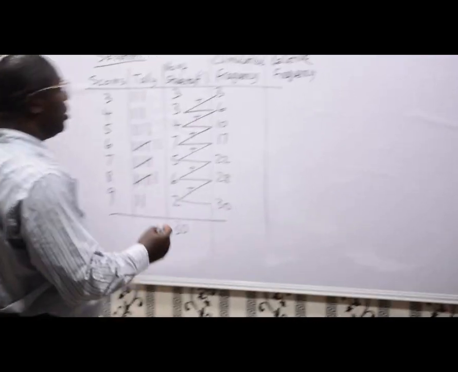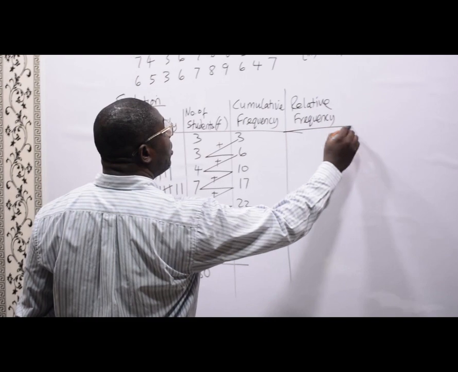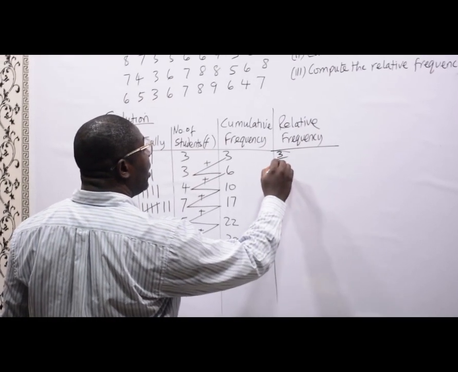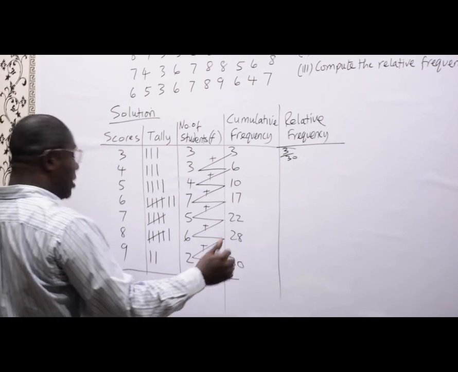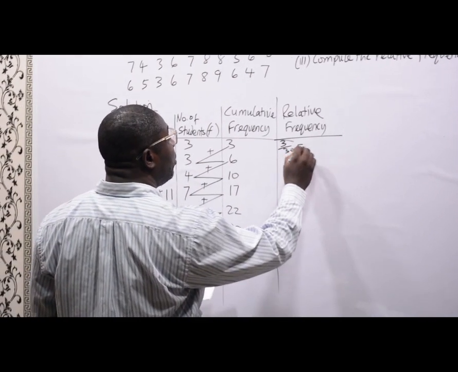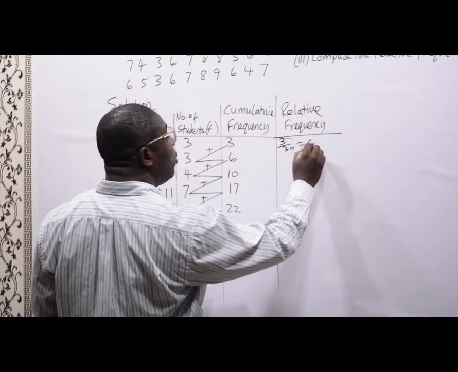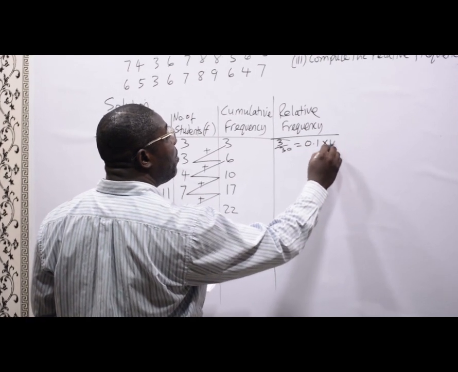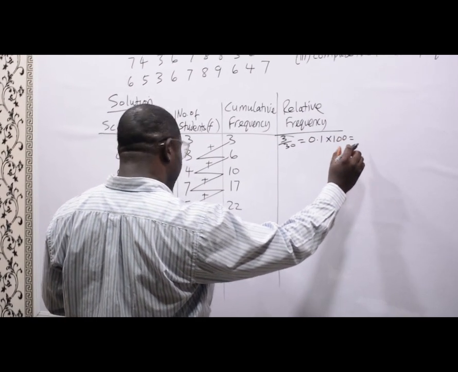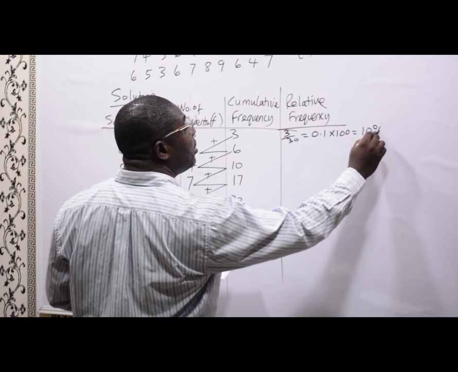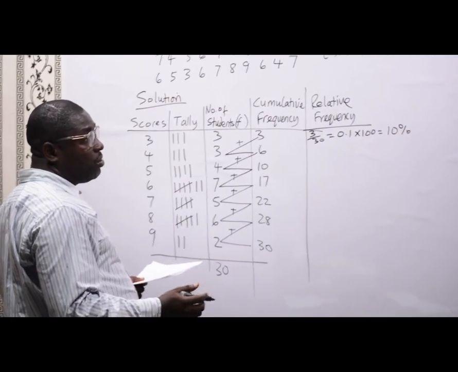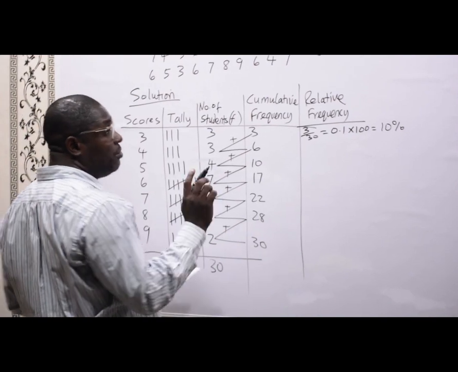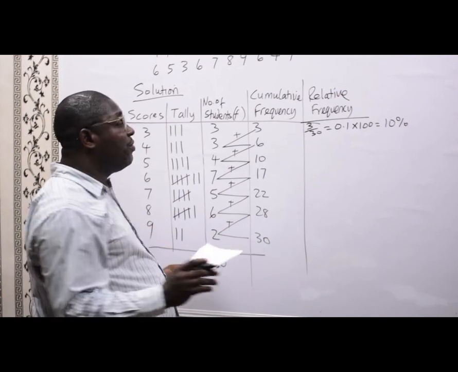So in this case, the first one is 3 divided by 30. And 3 divided by 30 will give us 0.1. I will now multiply by 100 to give me 10%. So 10% of the students scored 3. That's the meaning of the relative frequency.